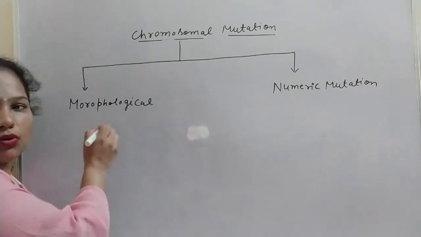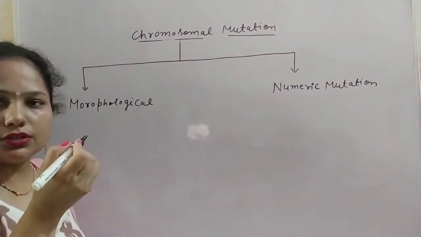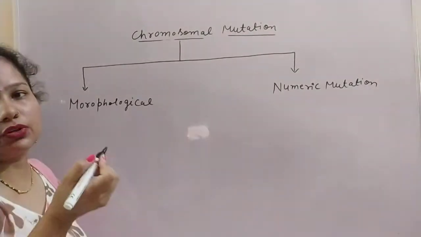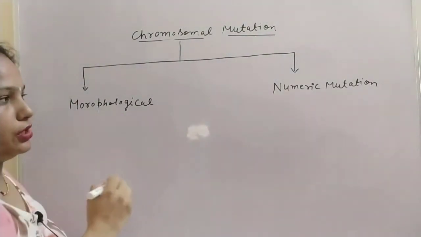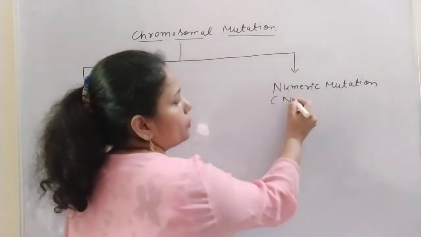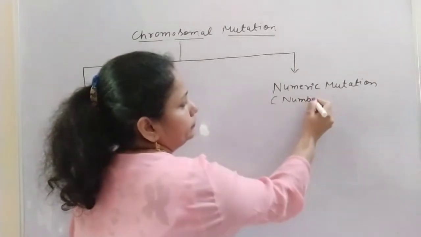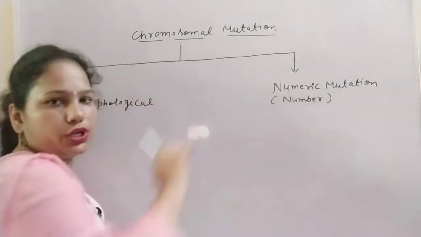So what is the meaning of morphology? Morphology means if there is the change in the form of the chromosome, then it is known as morphological mutation. And if there is the change in the number of chromosome, then it is known as numeric mutation.